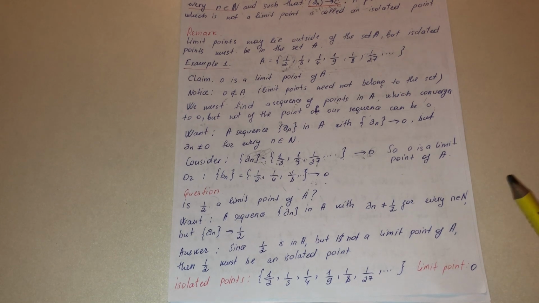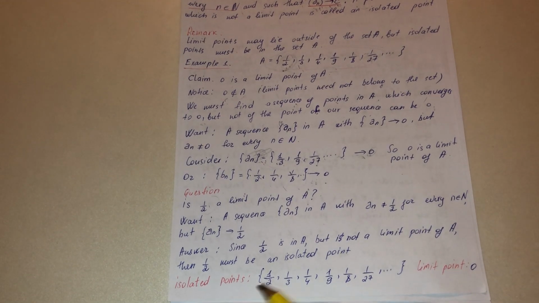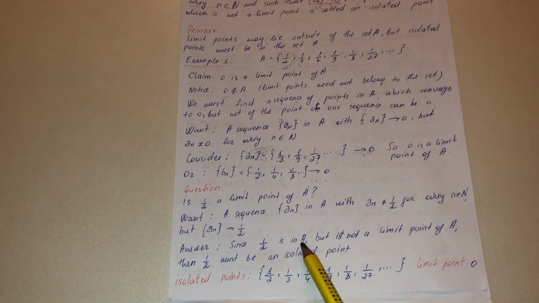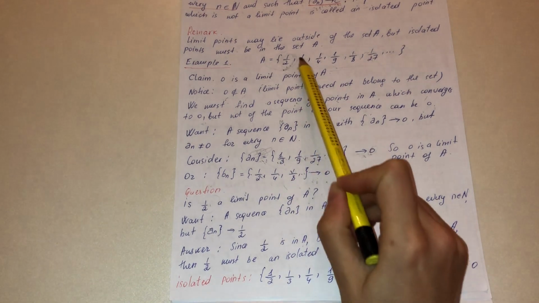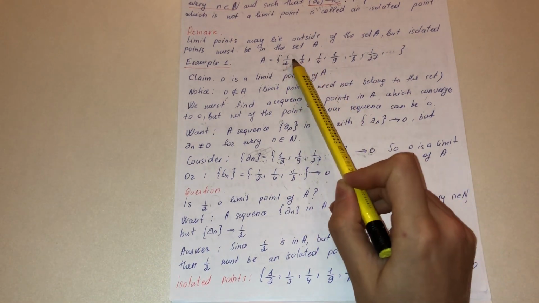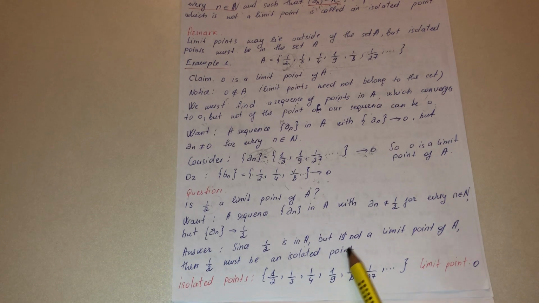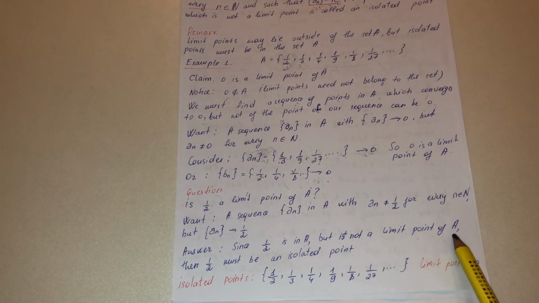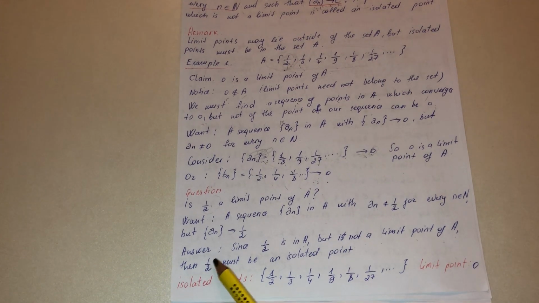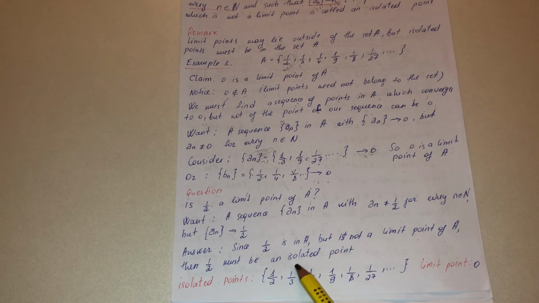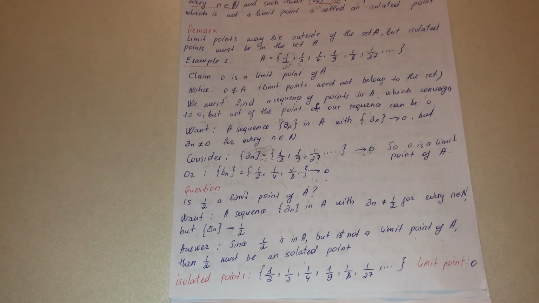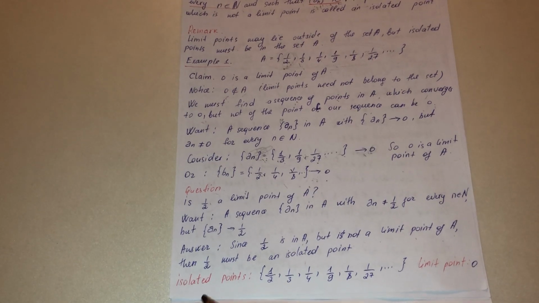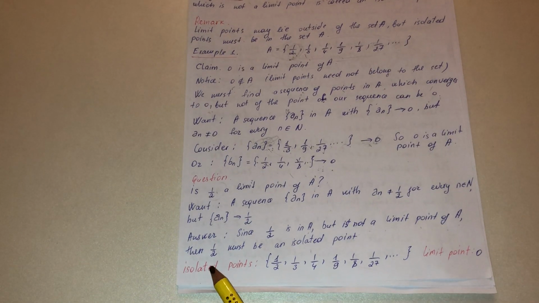So the answer is, since 1/2 is in our main set A, but is not a limit point of A, then 1/2 must be an isolated point. Here is the answer.